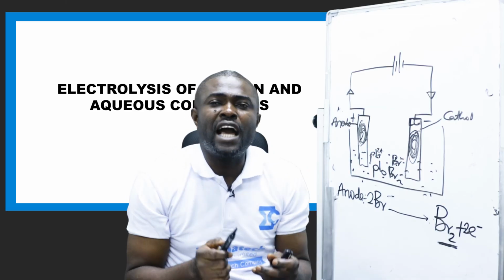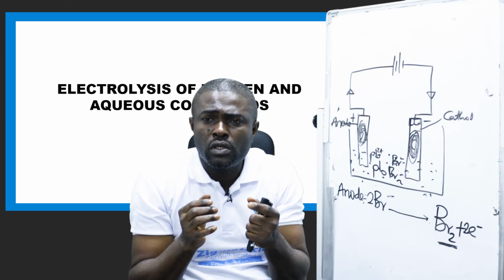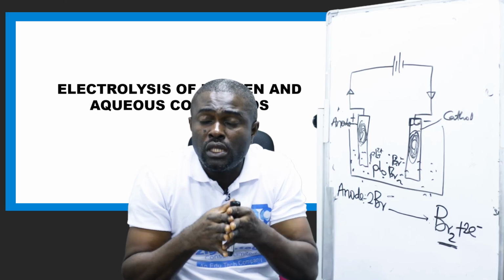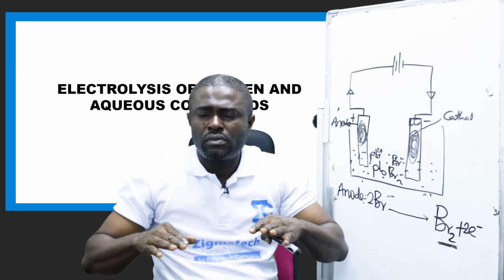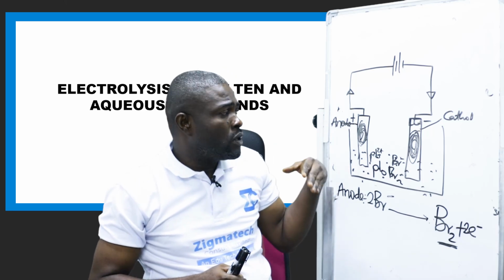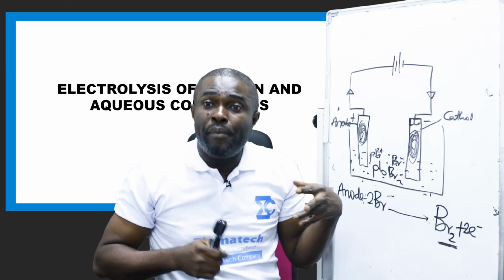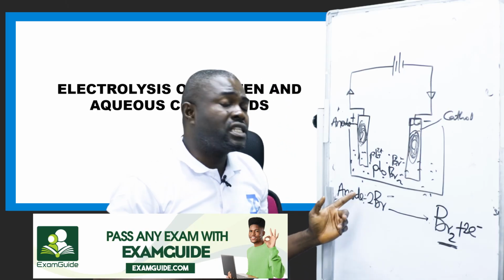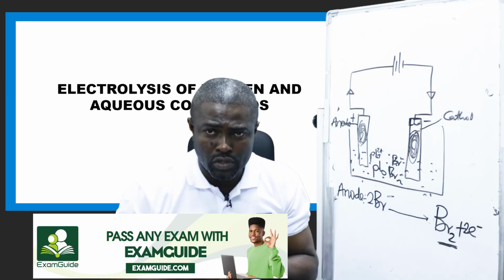So they can ask you, what are the 2 products produced at the different electrodes in the electrolysis of molten lead-2 bromide? The answer is: at the cathode, which is the negative electrode, lead metal is produced, while at the anode, which is the positive electrode, bromine gas is produced.